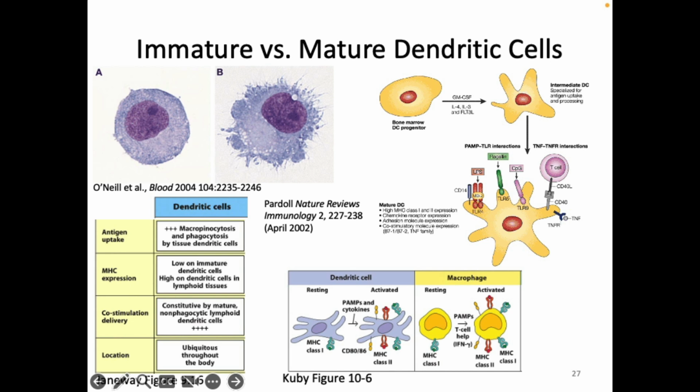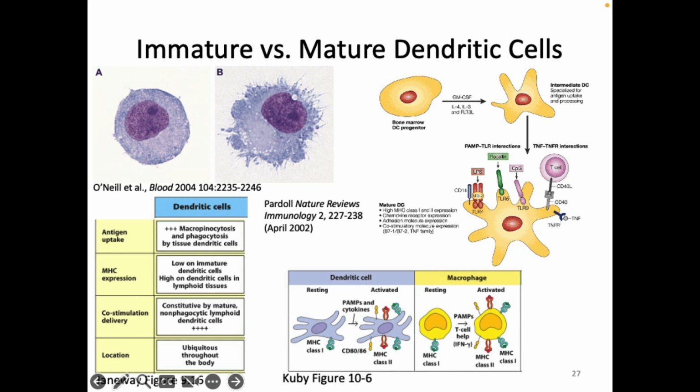Our dendritic cell is going to become activated, and it's really going to become activated by seeing some kind of PAMP. So it's going to switch from immature to mature. It's probably going to make that switch, Brenna, in the foot when the microbe comes in. So it was hanging out, resting, immature, in the foot.